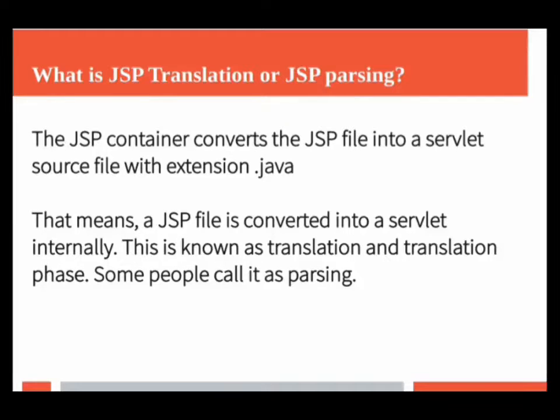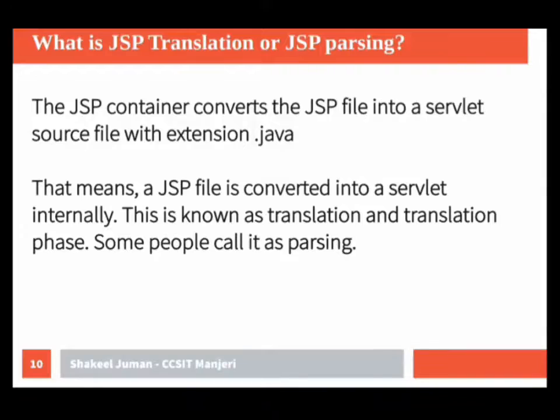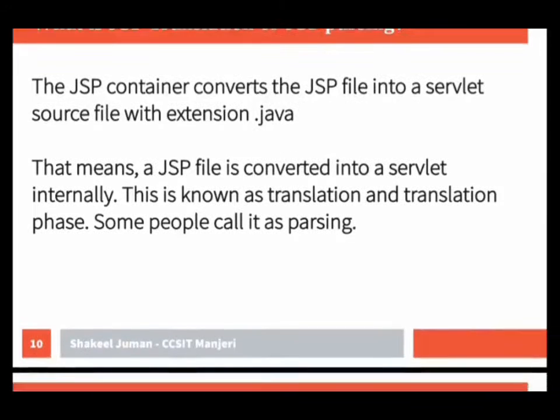And some other important technical terms are there. Parsing: the JSP container converts the JSP file into a servlet source file with the extension .java. That means a JSP file is converted into a servlet internally. We already saw that.